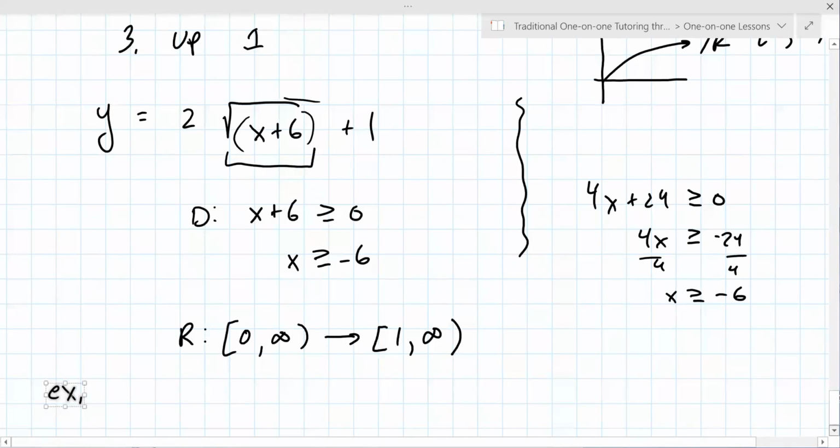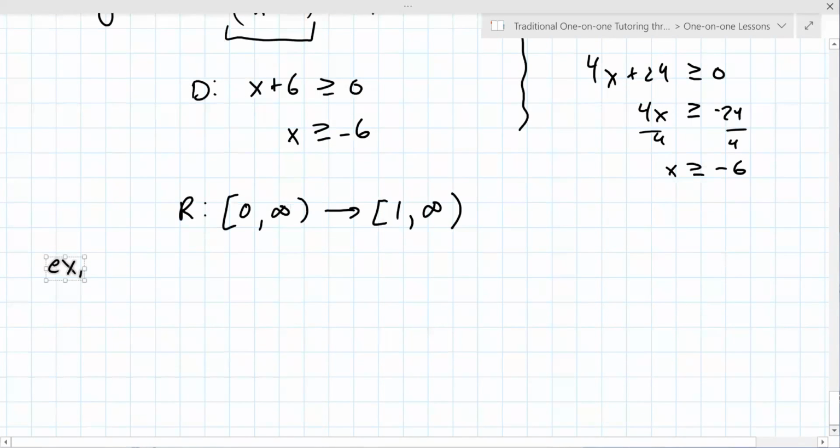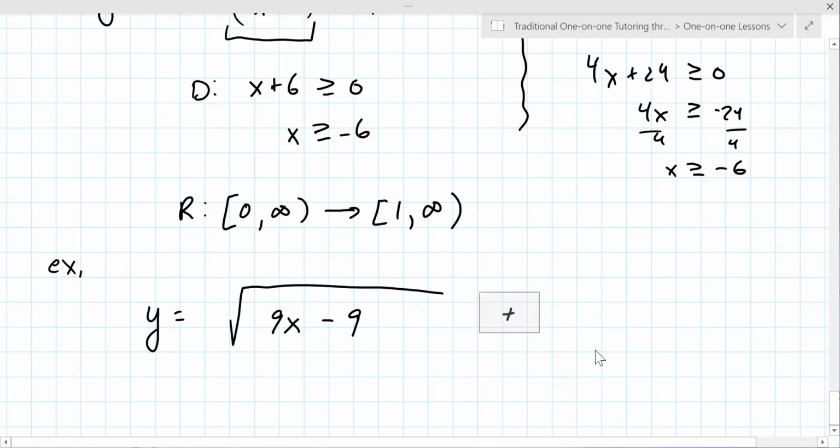Okay, so let me try giving you one here. Y equals square root 9x minus 9 minus 2. Do minus 2 out here. So take a moment, see if you can come up with the 3 transformations on this one.